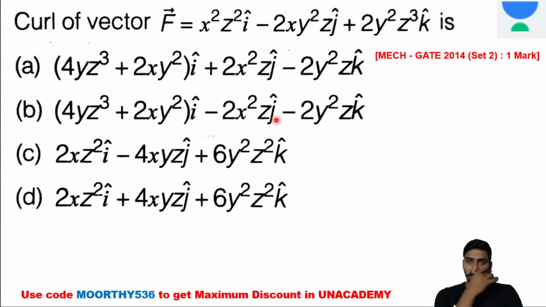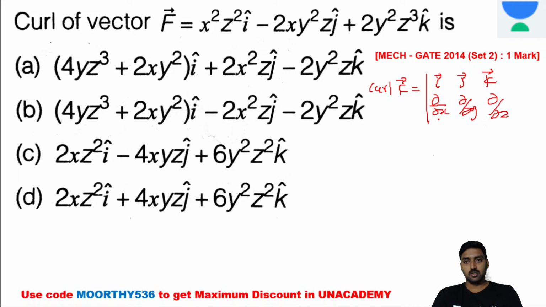Yes, the curl of the vector we need to identify. So what will be the formula for the curl of the vector? Curl of the vector f is equal to the determinant with rows i vector, j vector, k vector; dou by dou x, dou by dou y, dou by dou z; and f1, f2, f3.